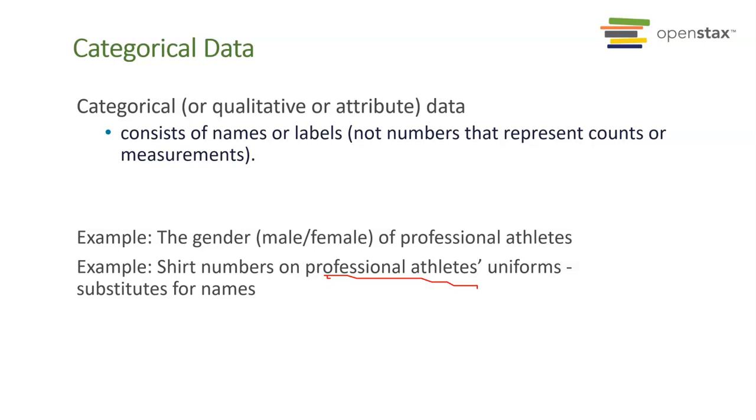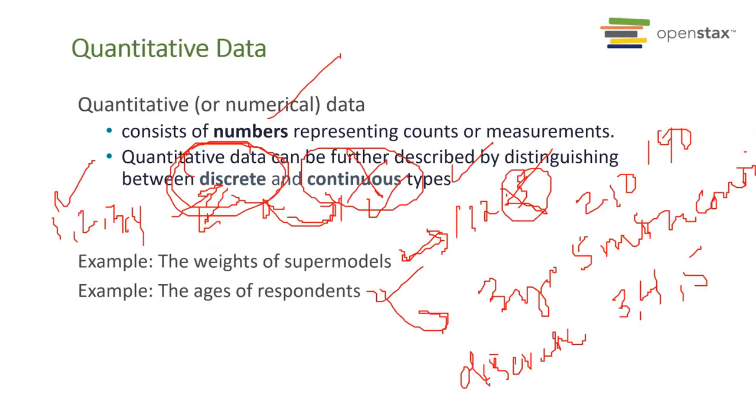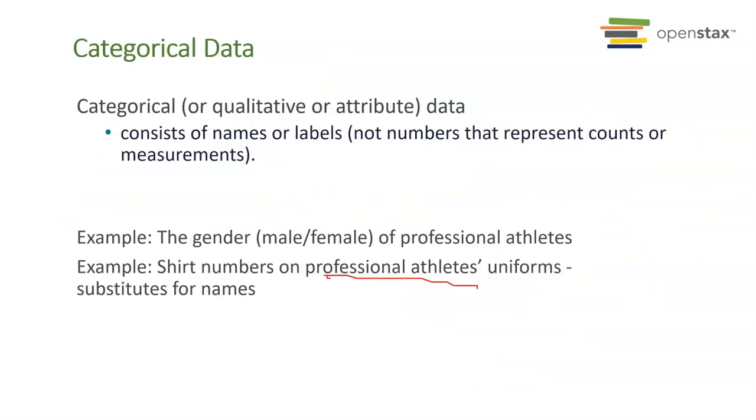It's not a measurement of something. To be a numerical measurement, it has to be a measurement of something representative of quality. If it's just a label that you pick, then it's categorical. So usually we try to avoid using numbers as a category. Instead of saying person 1, 2, 3, 4, we'll say A, B, C, D, something like that.